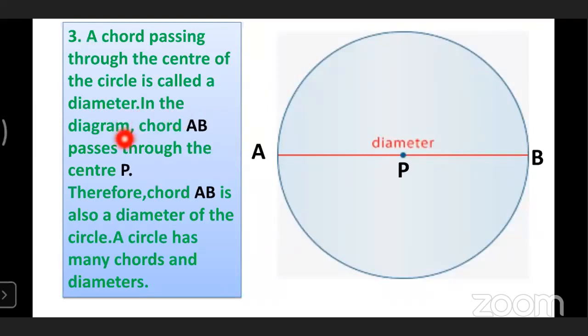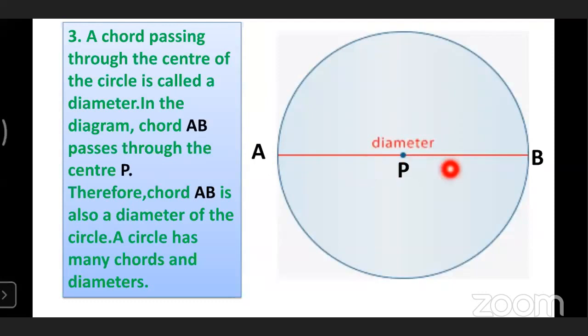In the diagram, chord AB passes through the point P, the center. So P is the center, and you can see this line is passing through the center. Therefore, chord AB is also a diameter of the circle.